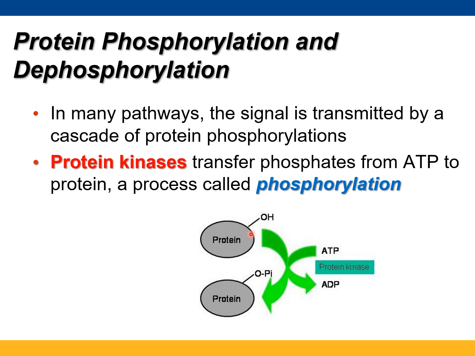So each kinase has a set or very unique specific range of targets. There's an amino acid in that target somewhere that has an OH group on the side chain. And what will happen is the kinase will take that third phosphate from ATP and transfer it onto that OH group. We end up with a phosphorylated protein and ADP.